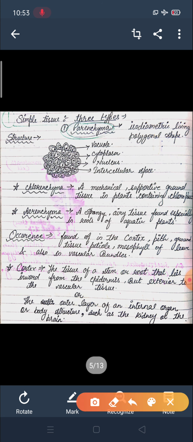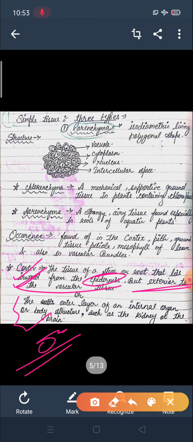If we talk about what the cortex is, the tissue of a stem or root that lies inward from the epidermis but exterior to the vascular tissue is called cortex, or it is also the outer layer of an internal organ of the body, such as the kidney or the brain.